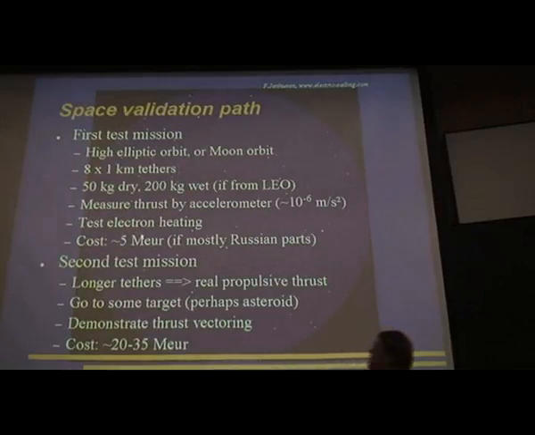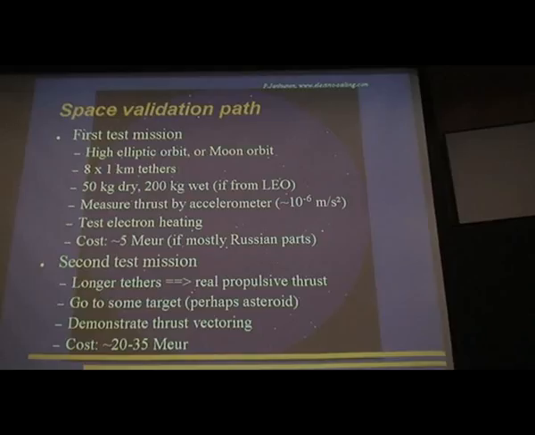Okay, and then the validation part is like this. We first would like to have a low-cost test mission at high elliptic Earth orbit, deploy only 8 tethers of 1 kilometer length each, small spacecraft, and the objective would be to measure the thrust by an accelerometer, but the thrust would be deliberately made so small that it wouldn't really change the trajectory of the spacecraft.